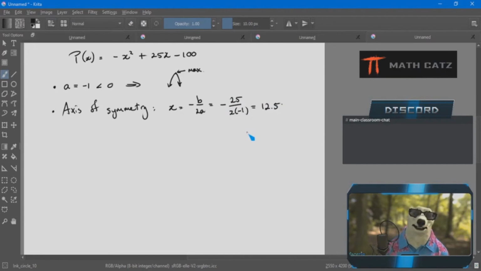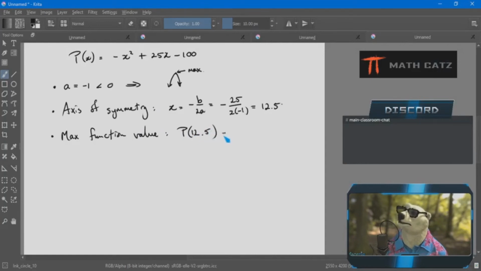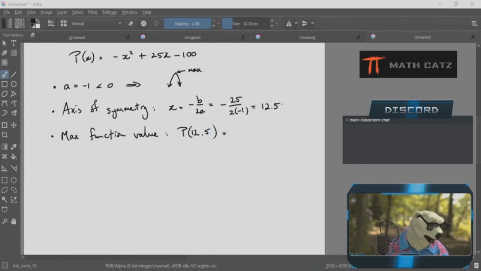Now we'll summarize this in a second. Let us just find the maximum function value, which is the y-coordinate of that vertex. Maximum function value is then the function when I plug in 12.5. Let's see if MathBot is interested in helping me, but please confirm what I'm getting here.